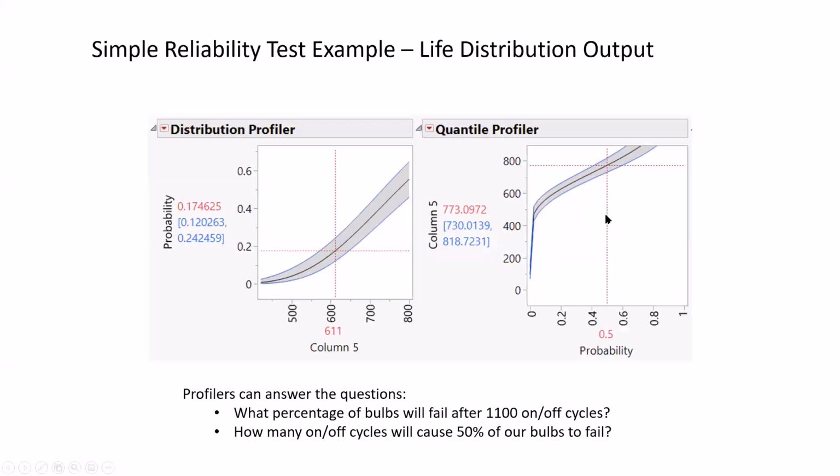There we go. We can read up from 50% and across and get, we expect 773 on-off cycles should result in 50% failures. Actually, it'll be somewhere between 730 and 818 for our 95% confidence intervals. So that's where we're going.